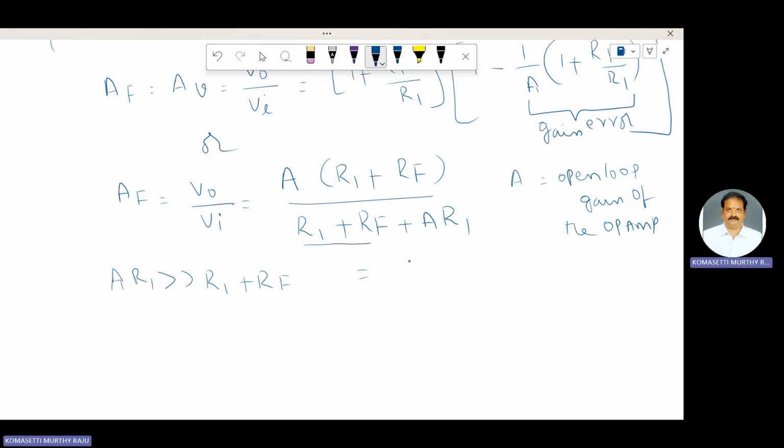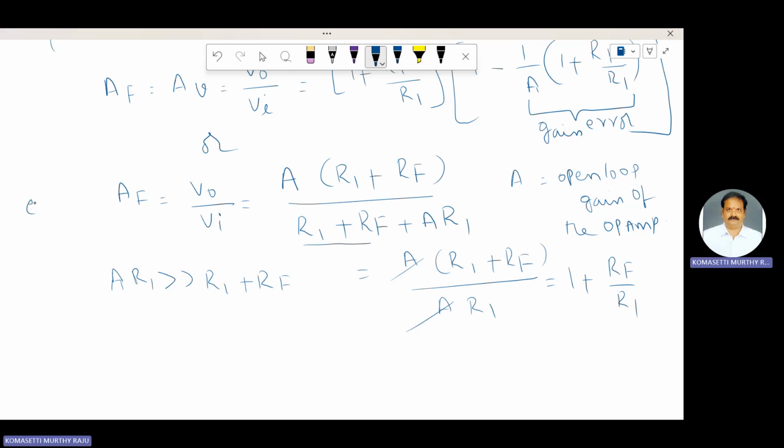Therefore, simplify this expression: neglect this term, A R1. A is cancelled. Therefore, we get 1 plus Rf by R1.